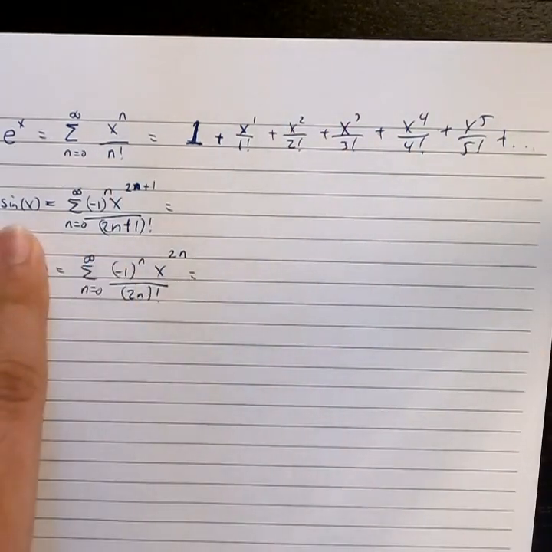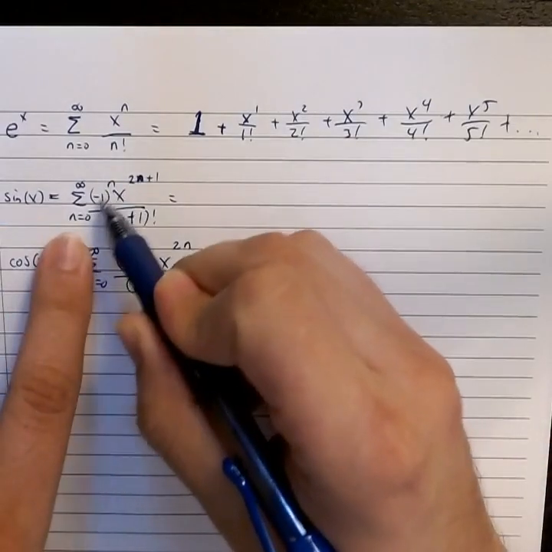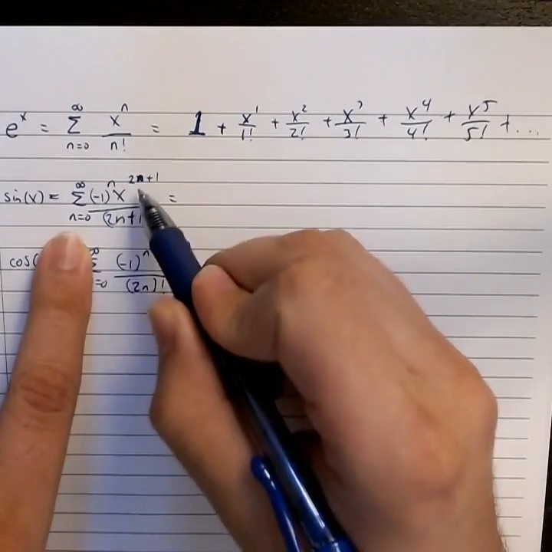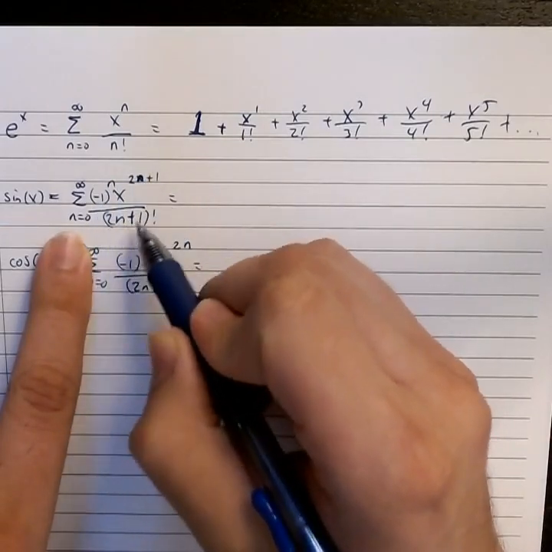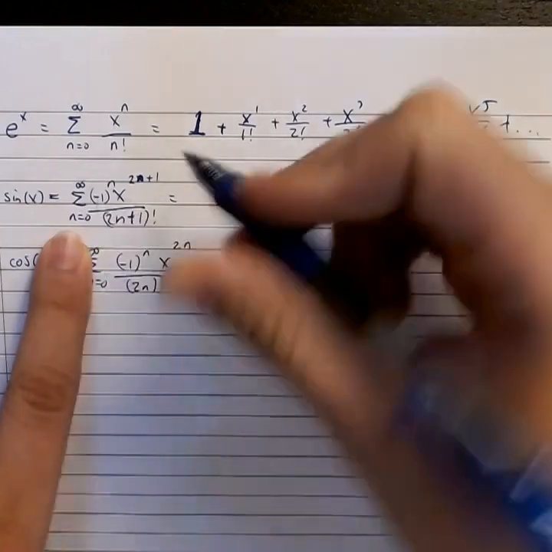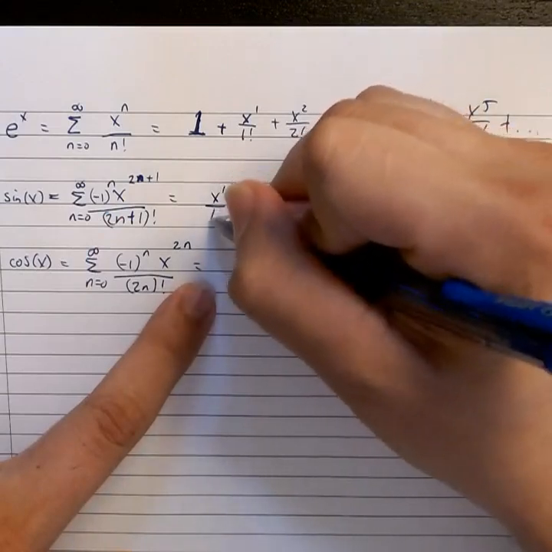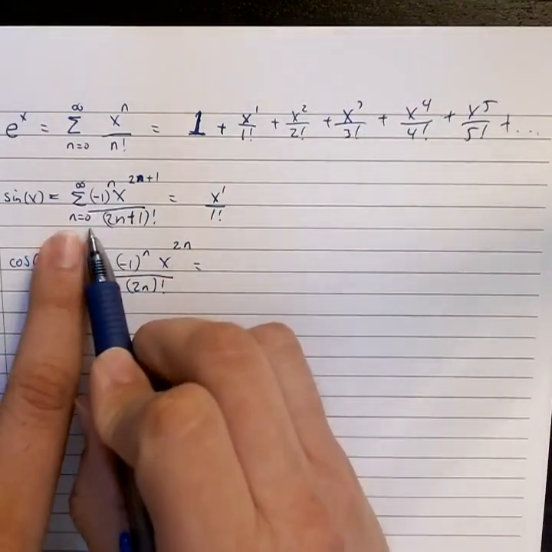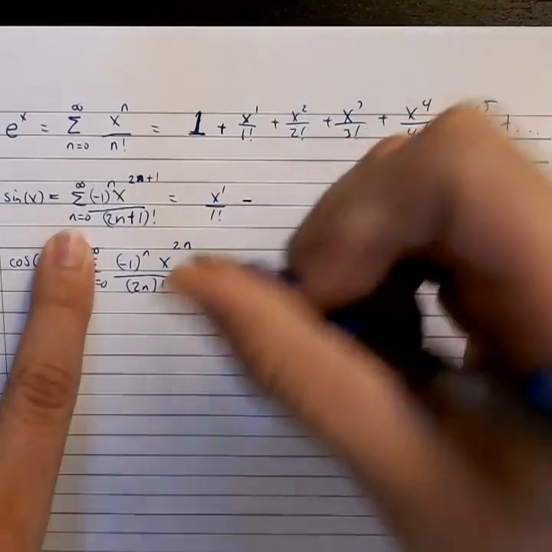I can write out the terms of sine of x. Again, I start with n is equal to 0. Well, that would be positive. This would be a power 1, and this would be a 1 factorial. So it's going to be a positive x to the 1 over 1 factorial. When n is equal to 1, this is now a negative, so that's minus.